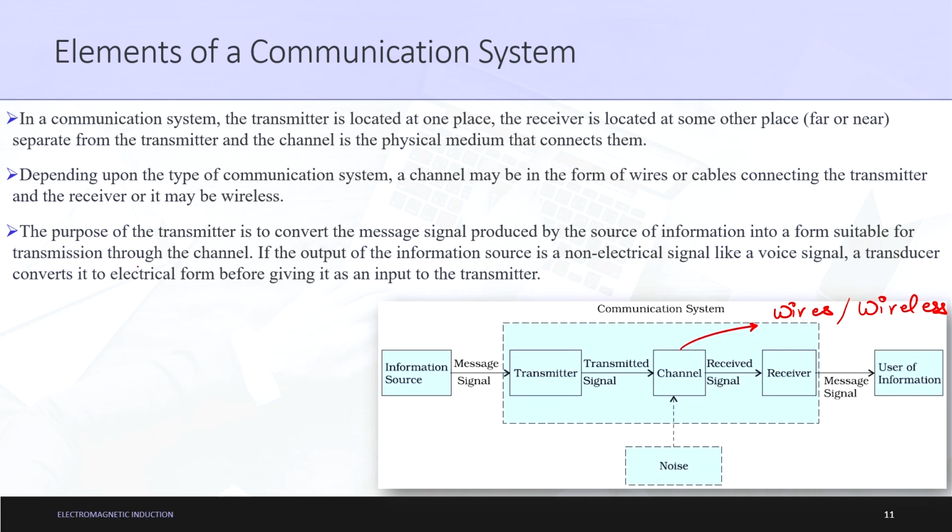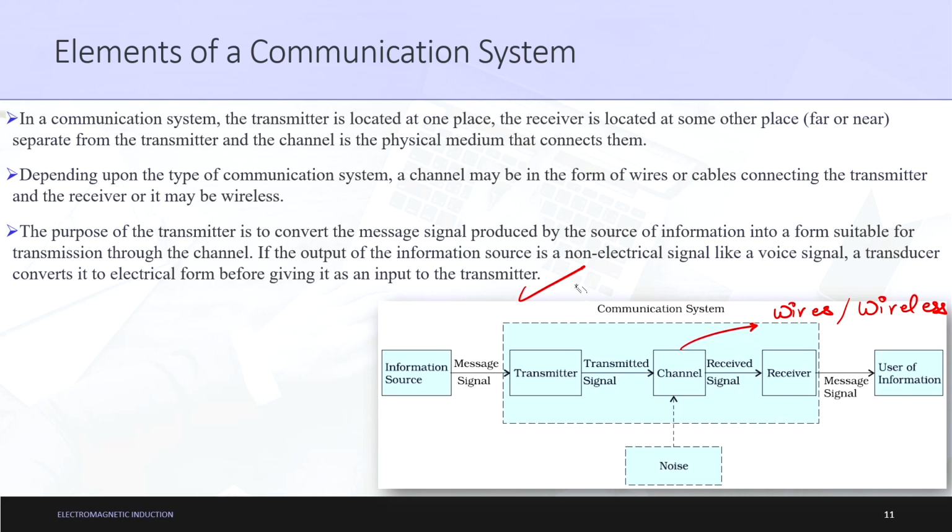If the output of the information source is a non-electric signal, such as a voice signal, then a transducer converts it to electrical form before giving it as an input to the transmitter. So, my words coming out of my mouth are nothing but a voice signal. What is a transducer? We will get to know in subsequent slides.